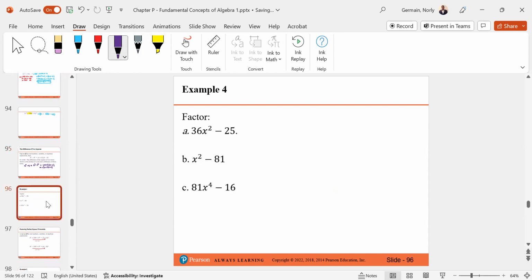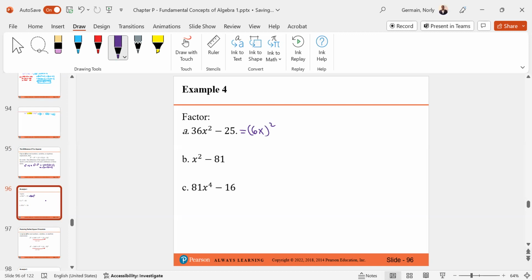Let's try this very quickly. First of all, make sure you can rewrite 36x squared as a square, like this one. You need to make sure it can be written that way. The difference of the squares of two terms factors as the product of the sum and difference of these two terms.